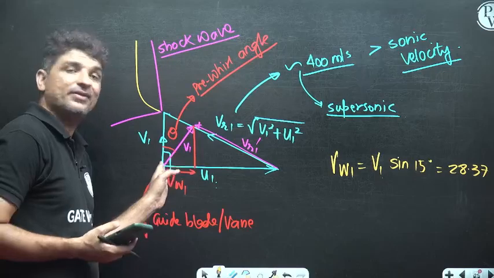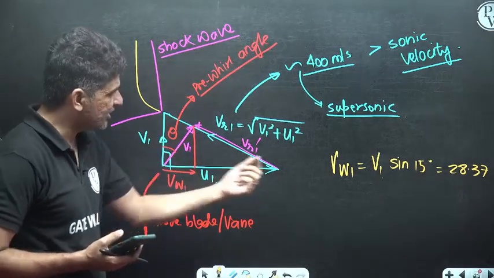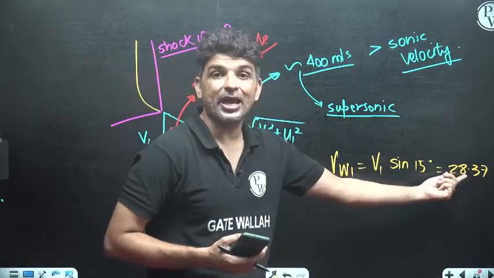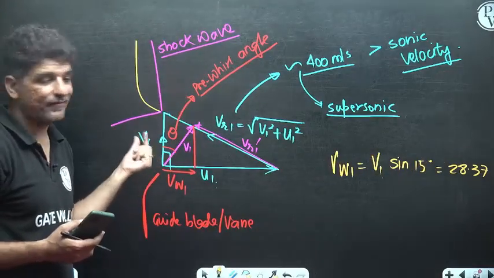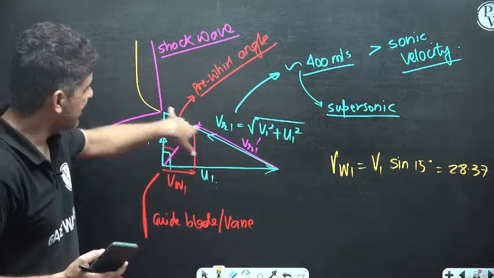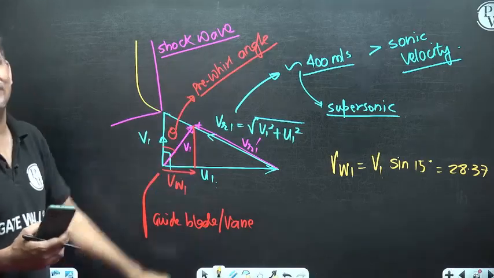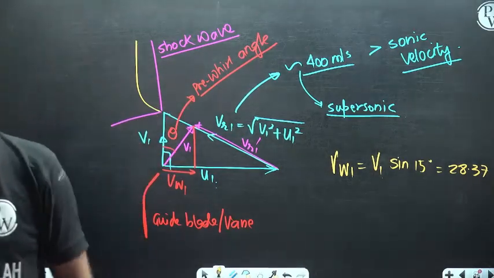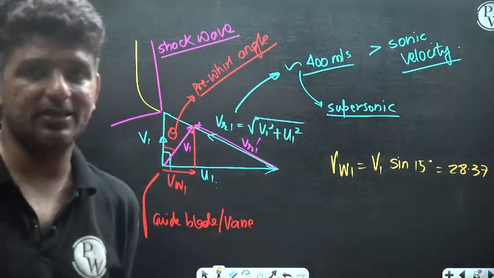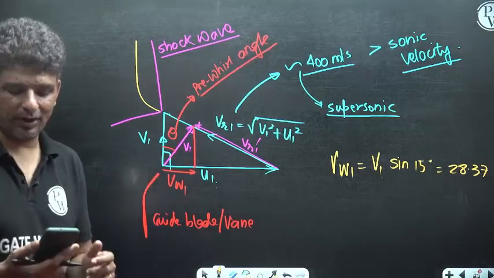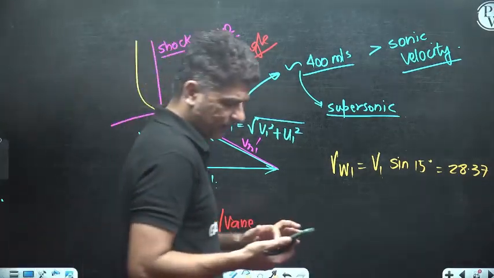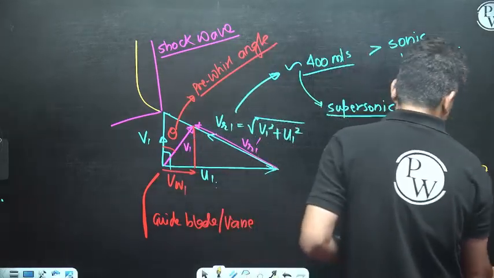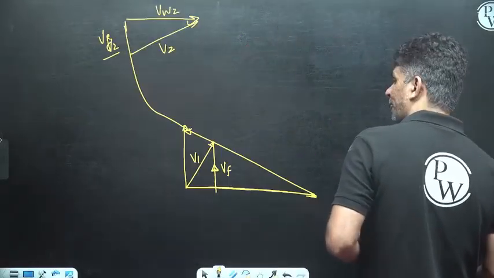Also, V1, the velocity with which the fluid is entering, is 109 meter per second, extremely high. V1 is high, U1 is high. The relative velocity, which is a combination of both of these, will become higher still, so that might cross the sonic or supersonic velocity. Is it clear to everyone? Okay, if it is clear, now let's go ahead to the next question.